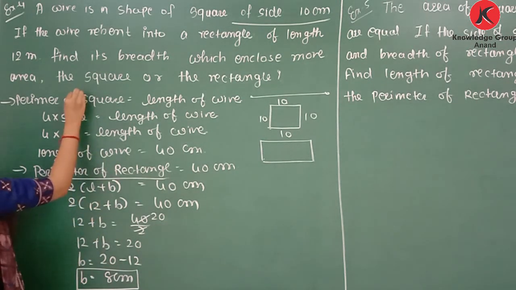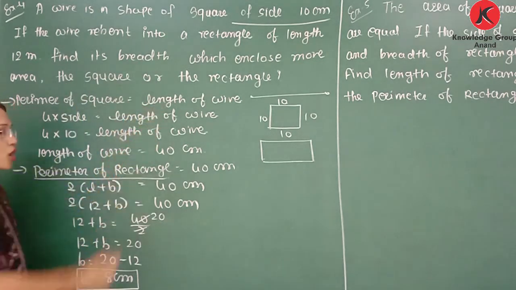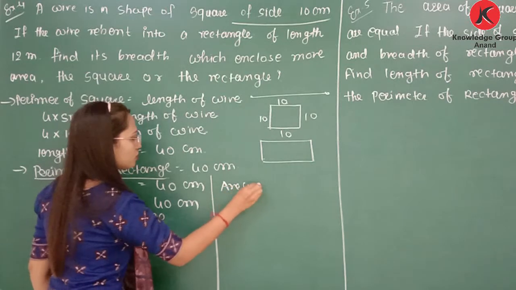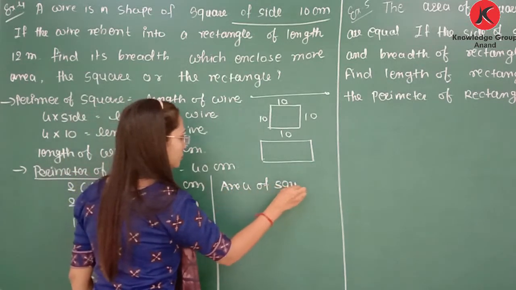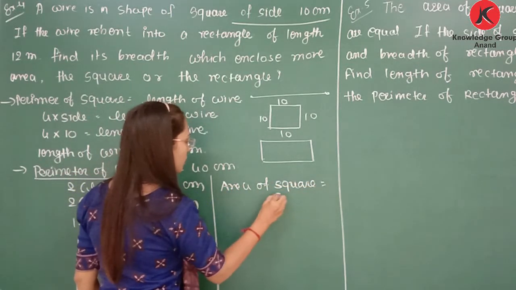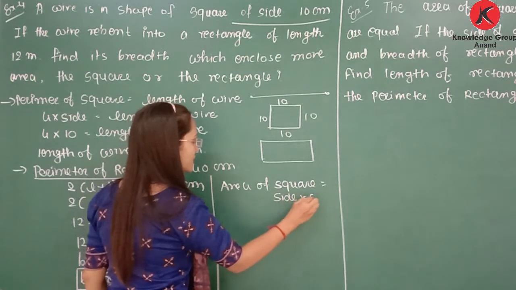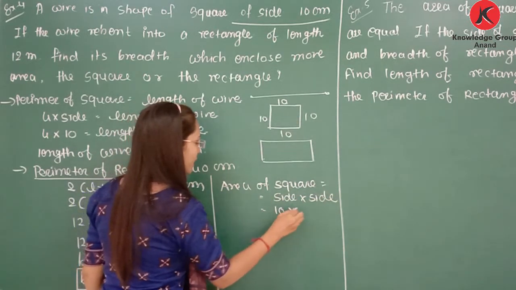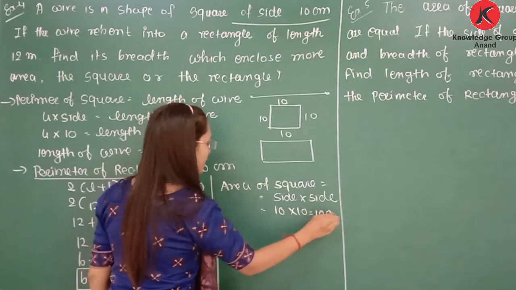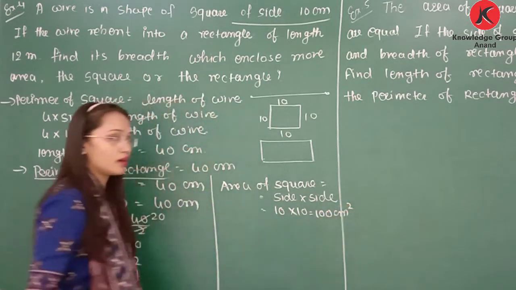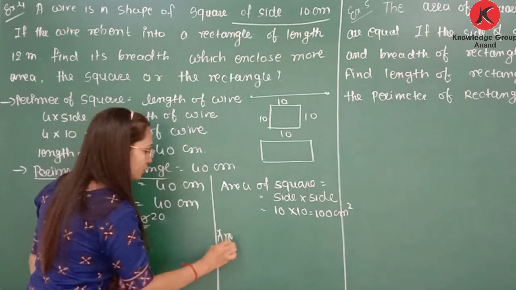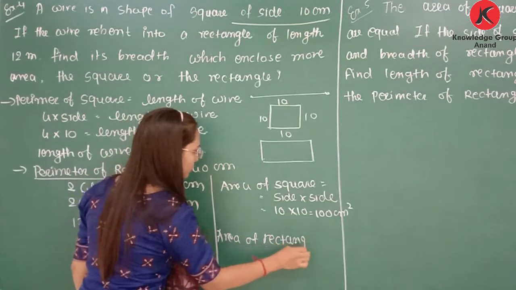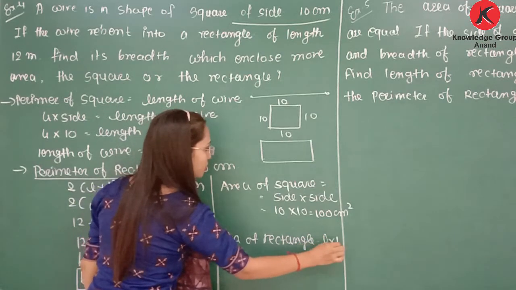Now the next question is, which encloses more area? Here, area of square is equal to side multiply side. In a square, it is 10 multiplied by 10, that is 100 centimeters square. And area of rectangle is l multiplied by b.